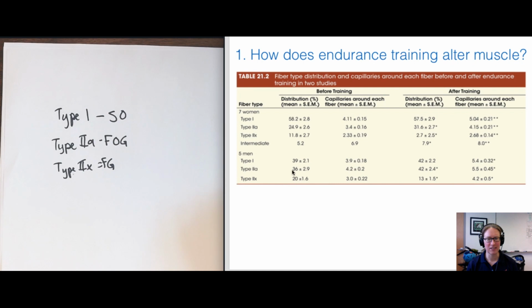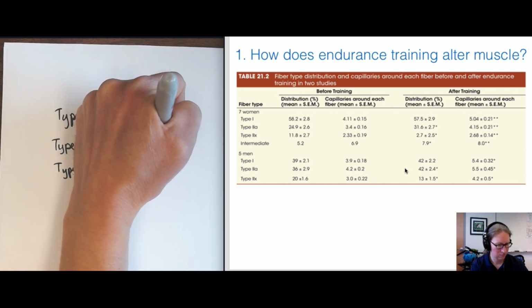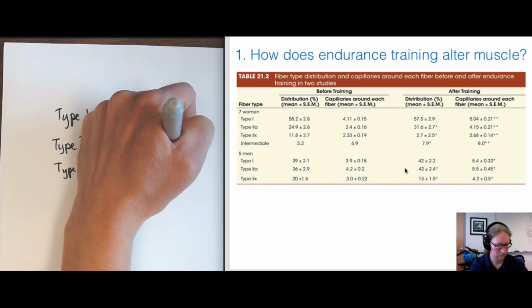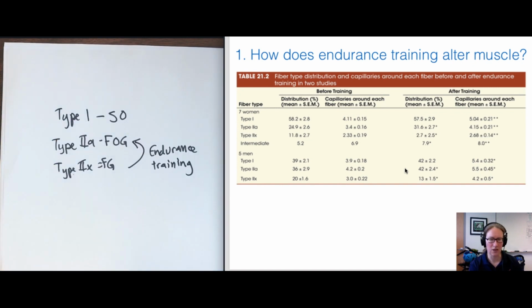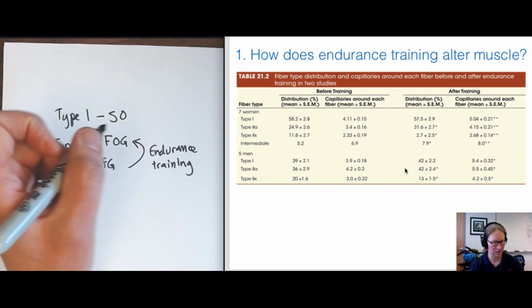And notice that that takes place both across men and across women. So endurance training is really leading to a shift from fast glycolytic to fast oxidative glycolytic.